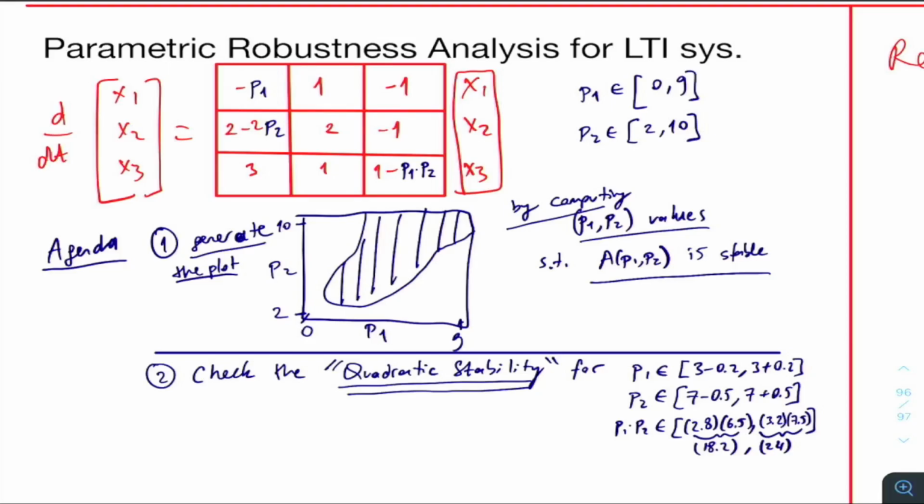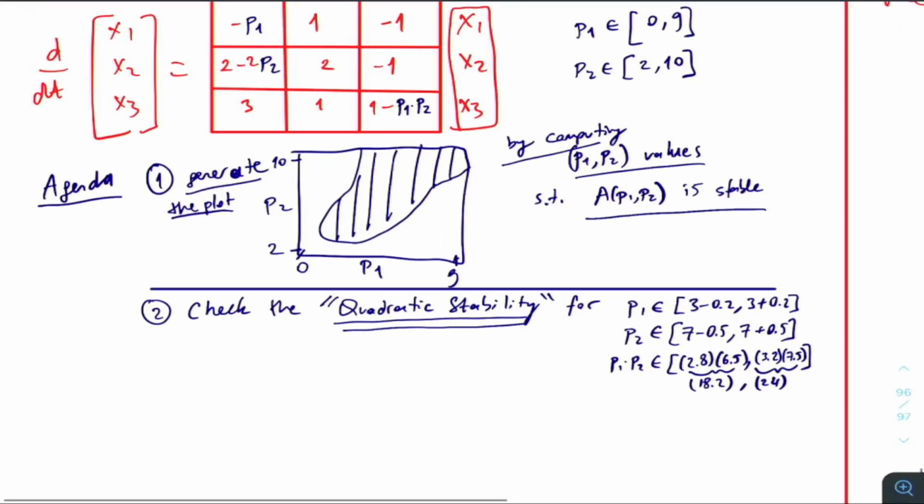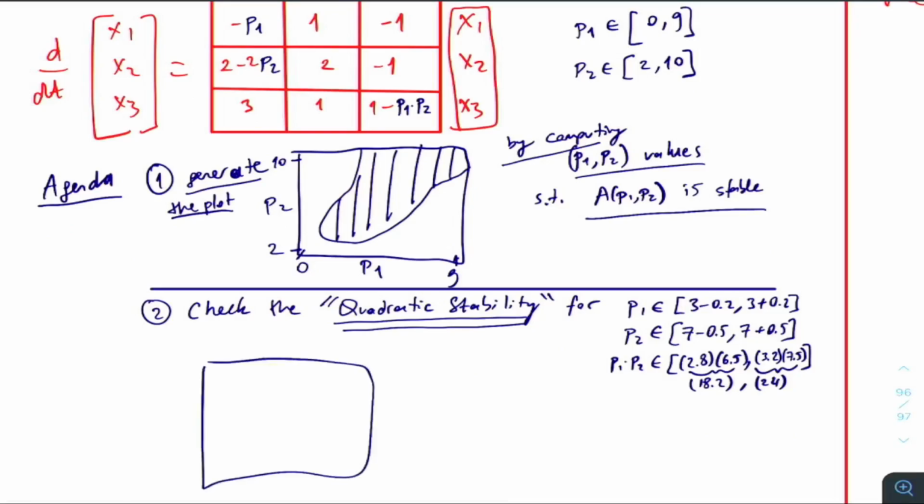Okay, and how would we do that? We can, for example, take P1 and P2 with these parameter ranges, and we will basically randomly sample from that parameter space, and let's say we get 100 points in that parameter space.